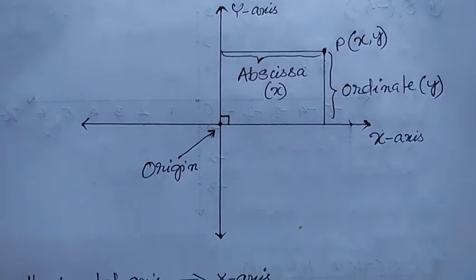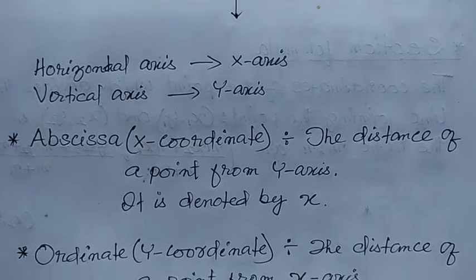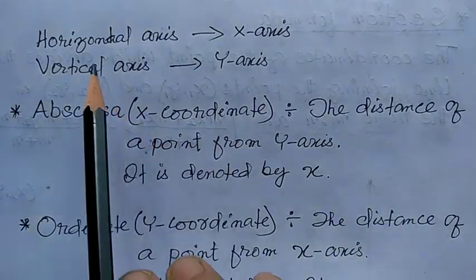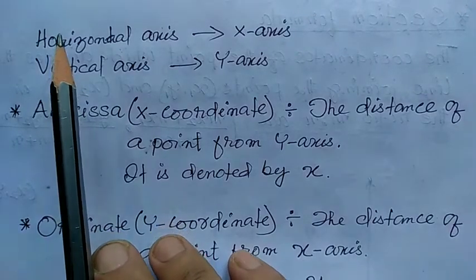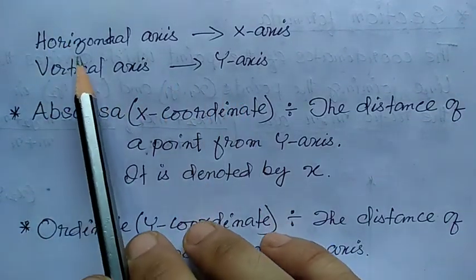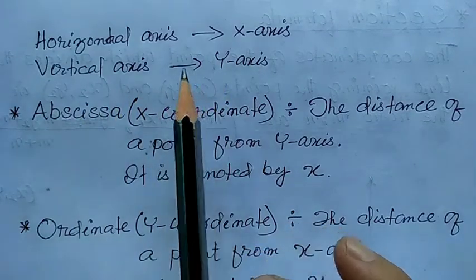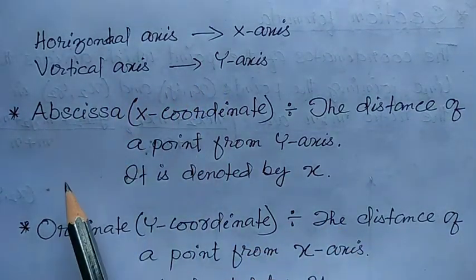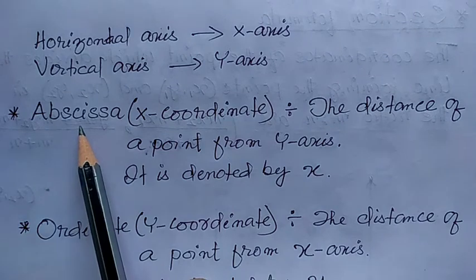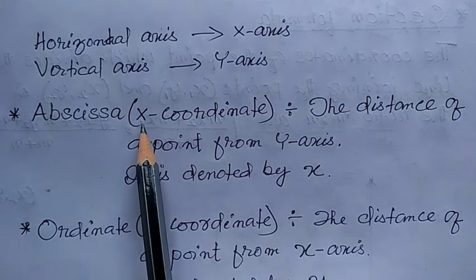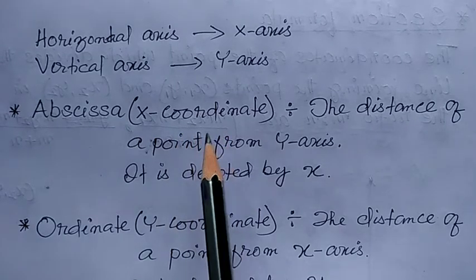Then you can see here are some definitions, or you can say some points that will help you to understand this chapter better. The horizontal axis is called the x-axis and the vertical axis is called the y-axis. Note here there are two terms. The first one is abscissa, and another name for abscissa is x-coordinate.